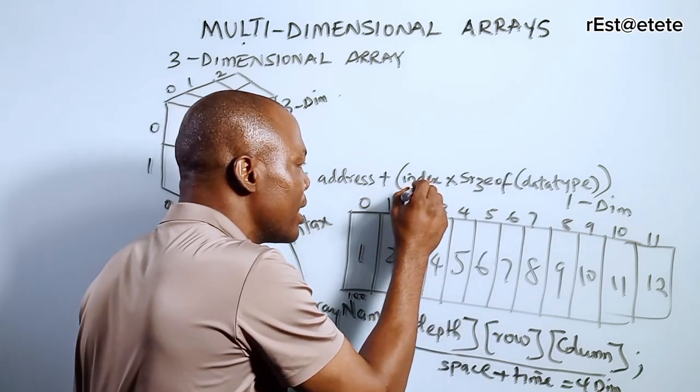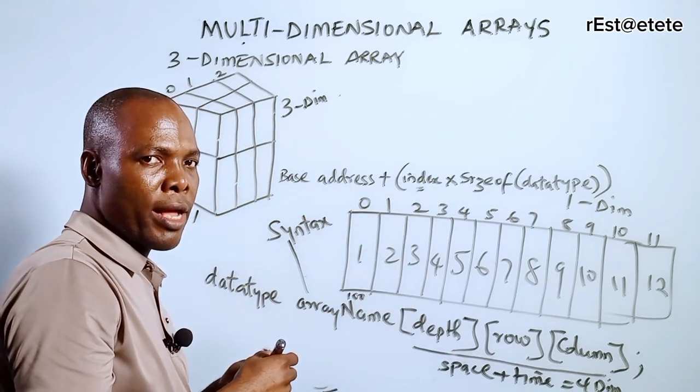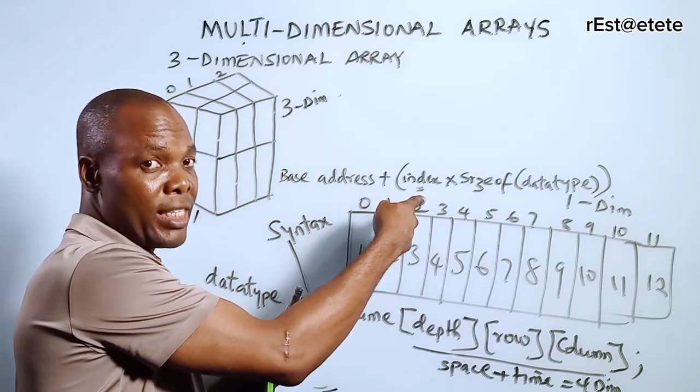Now, to get this index, we need another formula because this is the flat index, right?